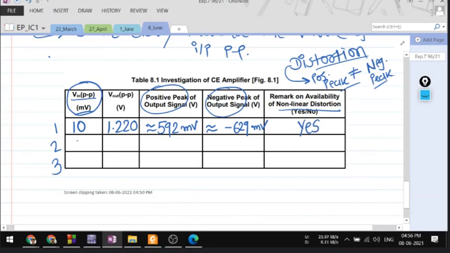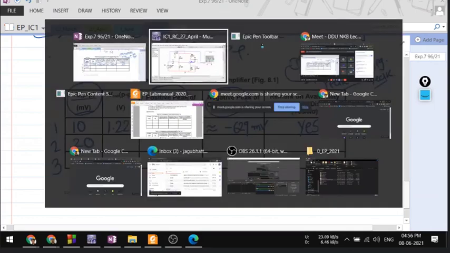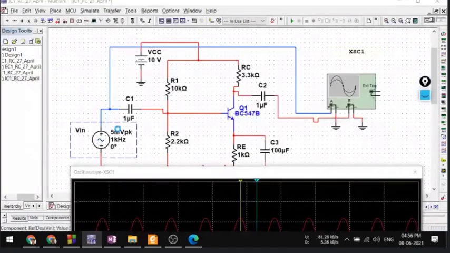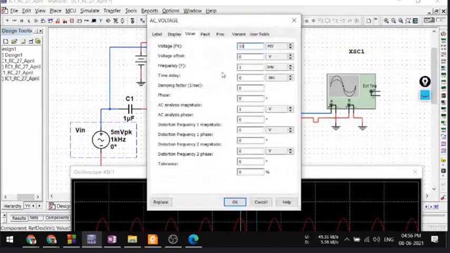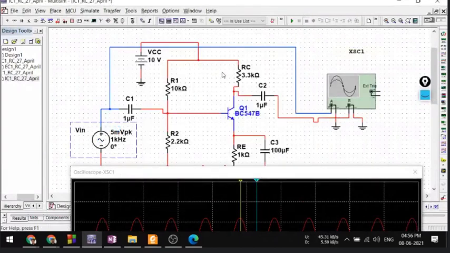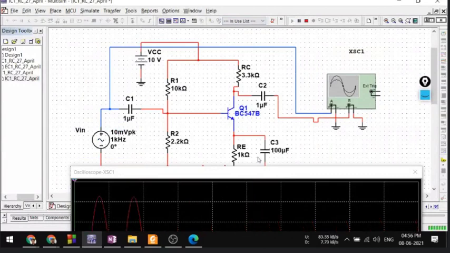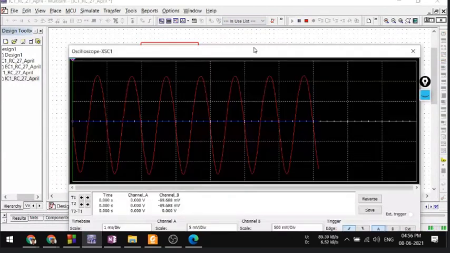So let us go with 20 millivolt peak to peak, right? So 10 millivolt peak. For the next reading, instead of 5 millivolt peak, I will say 10 millivolt peak, so 20 peak to peak. Let us run it and measure the output.